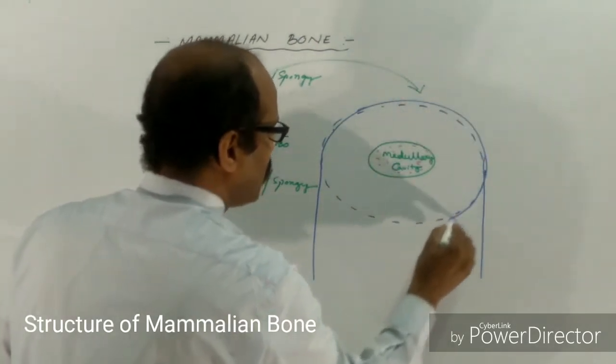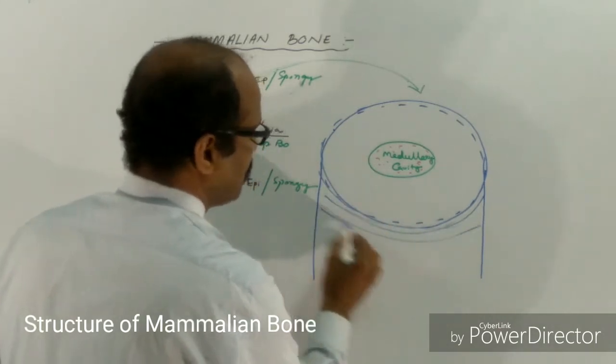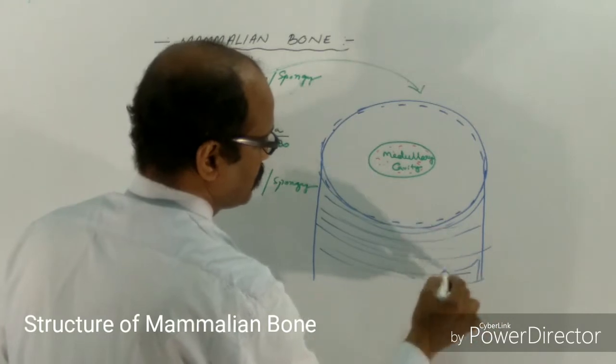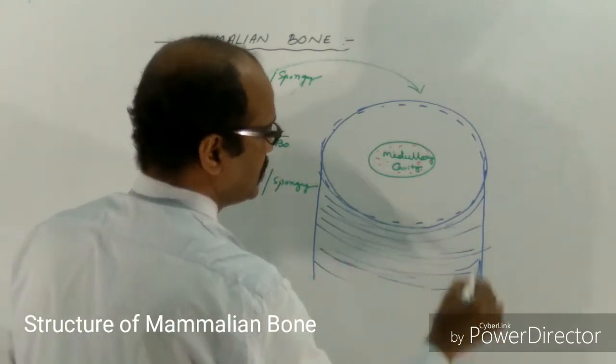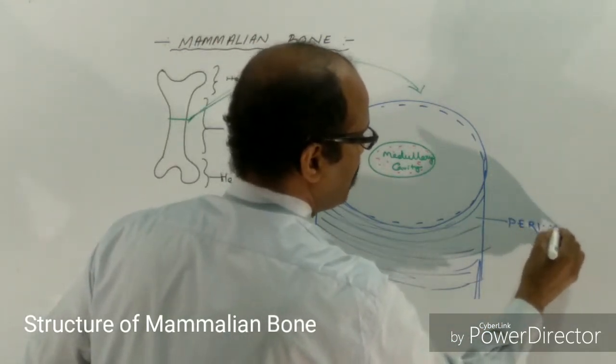The outermost covering of such bone is a fibrous covering, in contact with the vascular supply of the body, and this is known as the periosteum.